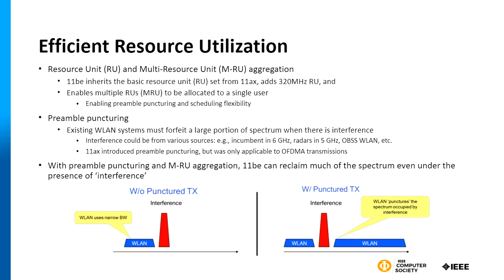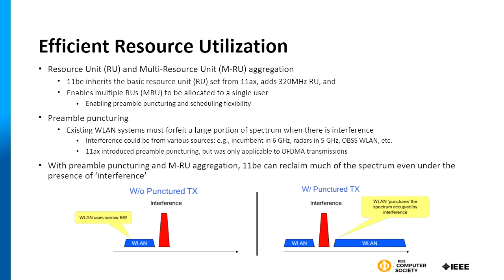So the other feature that had significant enhancements from a PHY perspective is the resource unit in an OFDMA design, where we added the possibility of multiple resource units aggregation. So essentially a particular station can send its data not only in one resource unit allocated to it, but it can actually have more than one RU allocated to the station, so that if you use it together with preamble puncturing, you can improve the scheduling flexibility and improve the interference management.